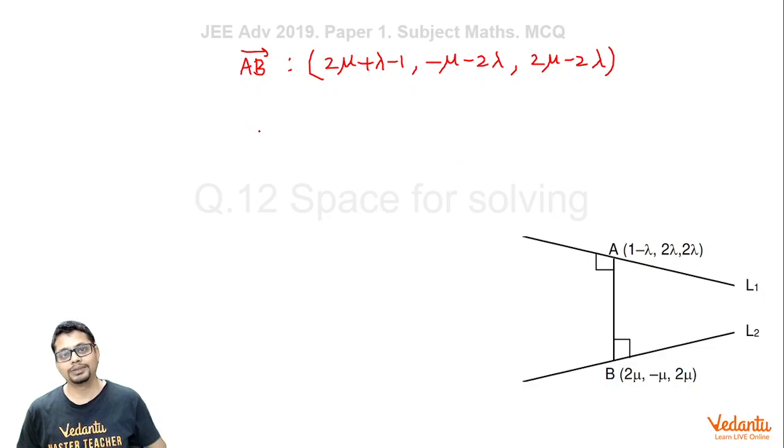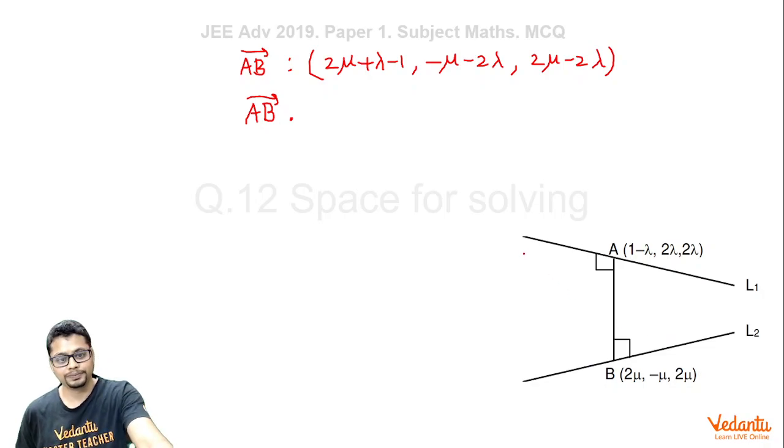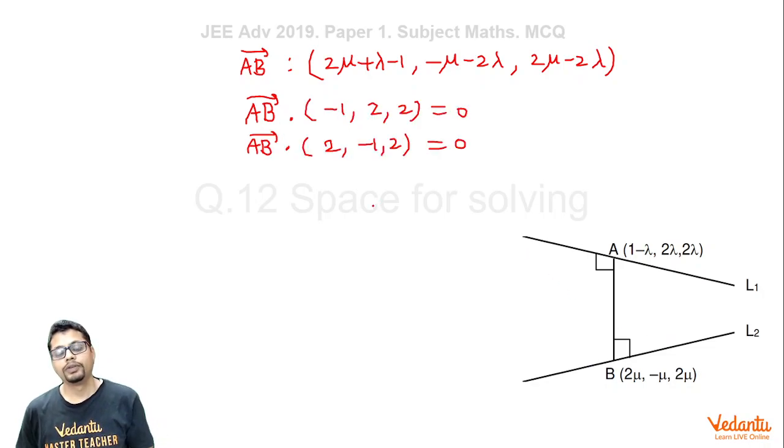So let's discuss method 1. Here we may say that AB vector, since it is along the shortest distance between lines L1 and L2, will be perpendicular to the vectors parallel to the respective lines. So its dot product with those two vectors would be 0.